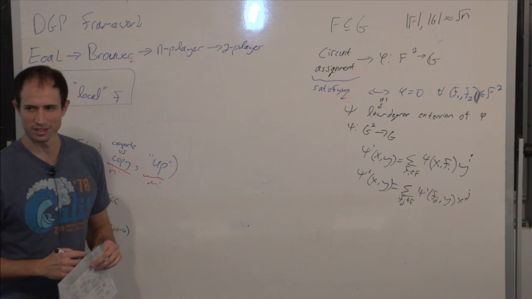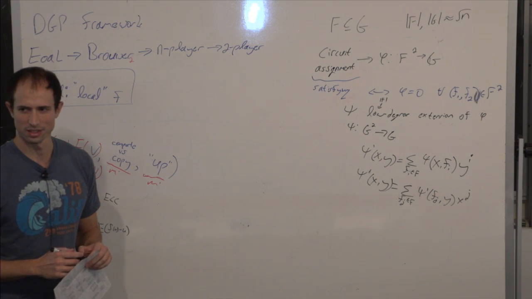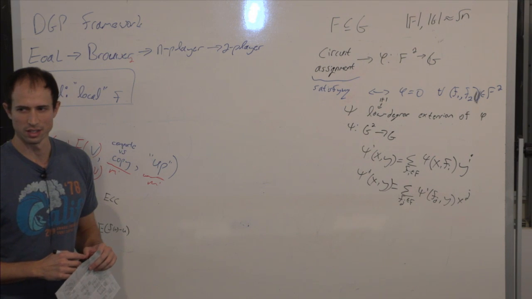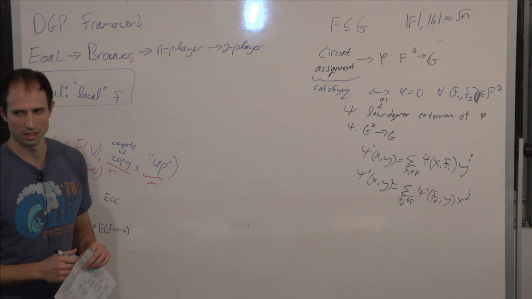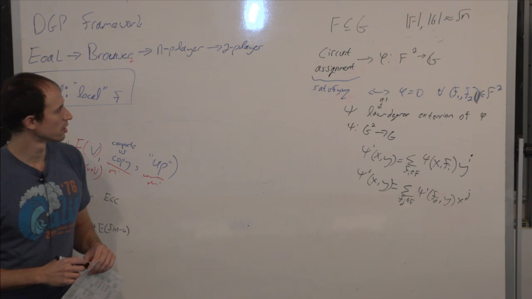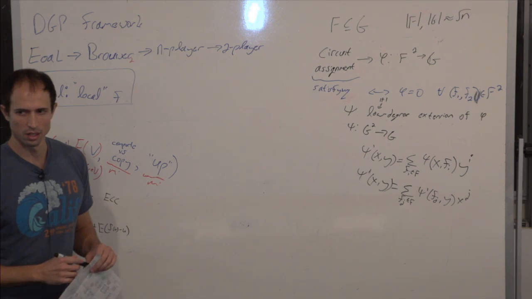And the original polynomial, if I understand your notation, is phi of fi, fj, x to the i, y to the j.